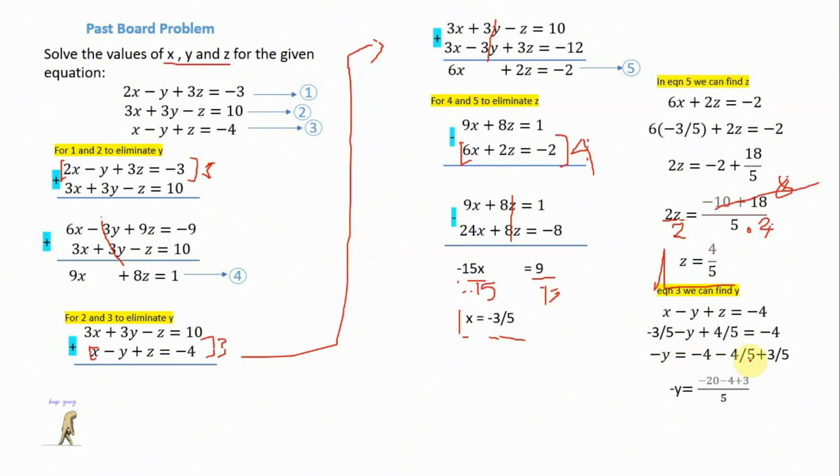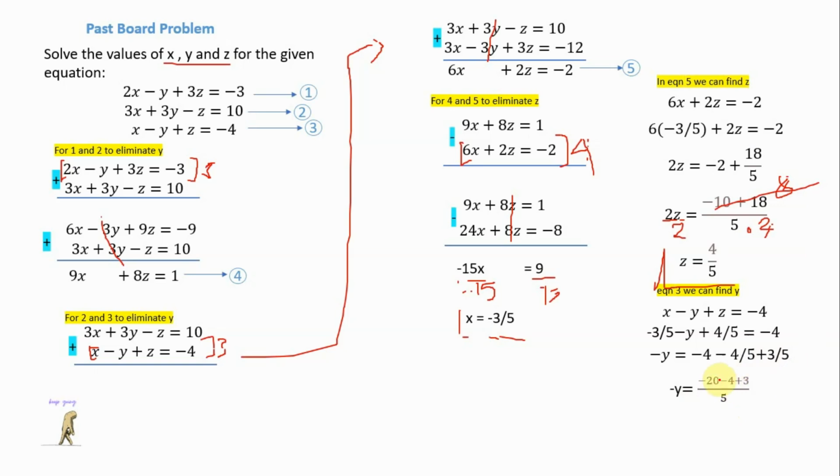So simplify more, we have a common denominator of 5, and as we can see, 5 divided by 1 is 5, then multiply by negative 4, it is negative 20. Then 5 divided by 5 is 1 times negative 4, it is negative 4. 5 divided by 5 is 1, and then multiply by 3, it is 3.